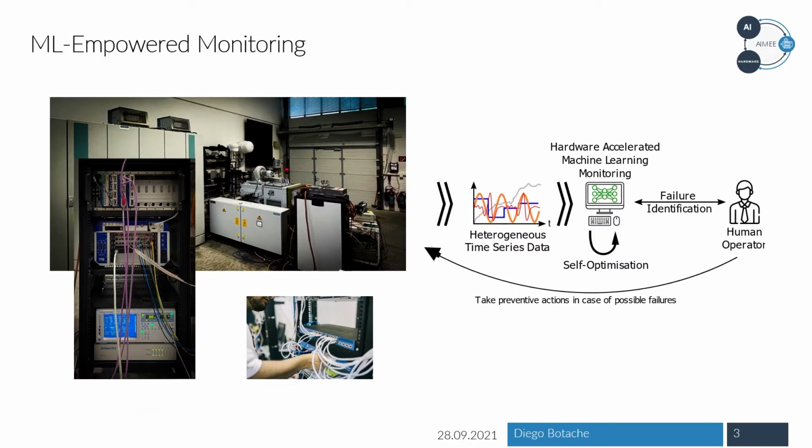In our machine learning empowered monitoring, we aim to optimize the development cycle of electrical machines, monitoring the system based on the provided heterogeneous time series data and applying different machine learning methods, which should also include a self-optimizing cycle for adapting to changing conditions in the system and different operation modes, and also delivering information to the human operator for fault identification and for taking preventive actions in case of possible faults.